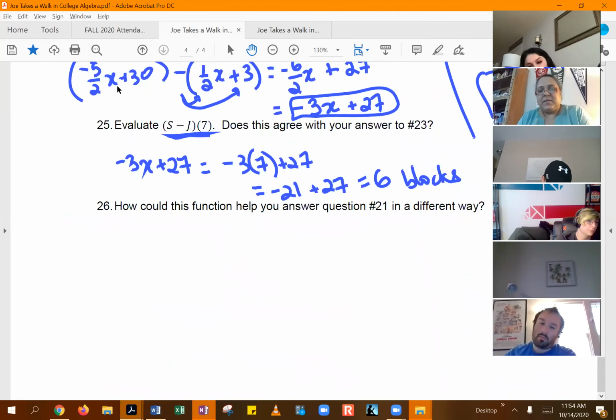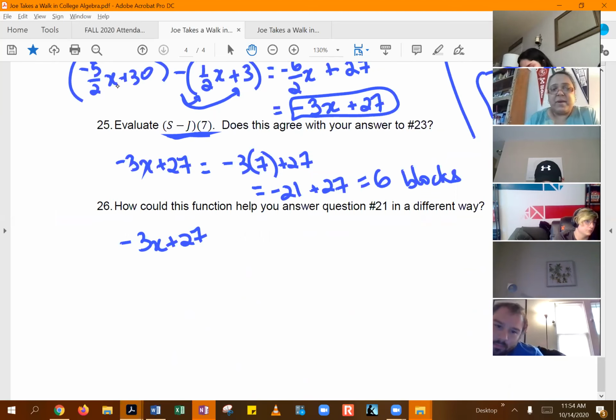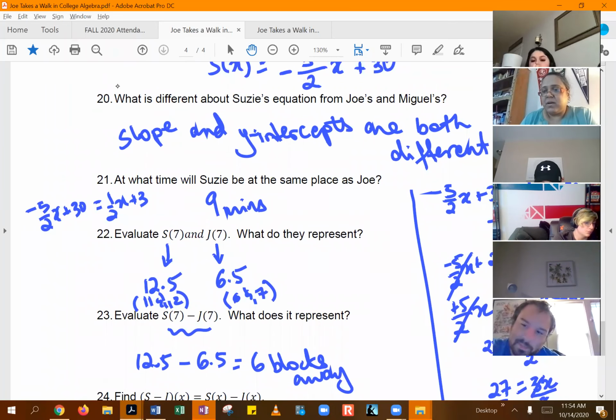So if you had this equation, -3x plus 27, how could you have worked with this equation to help you answer the question in number 21?